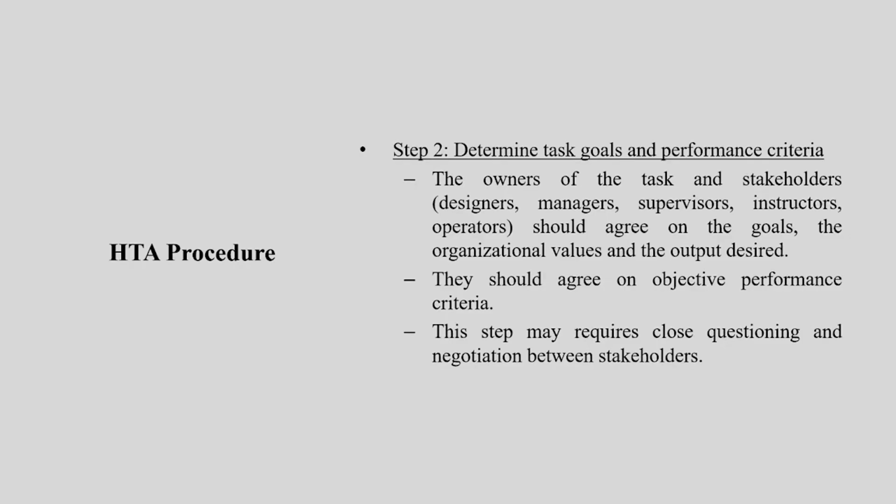Second, determine the task goal and performance criteria. Let us first read out what is there. The owner of the task, here it is very important who is going to perform it, and the stakeholders. Okay. Stakeholders of that whole task should agree on the goals and the organizational value and the output desired.